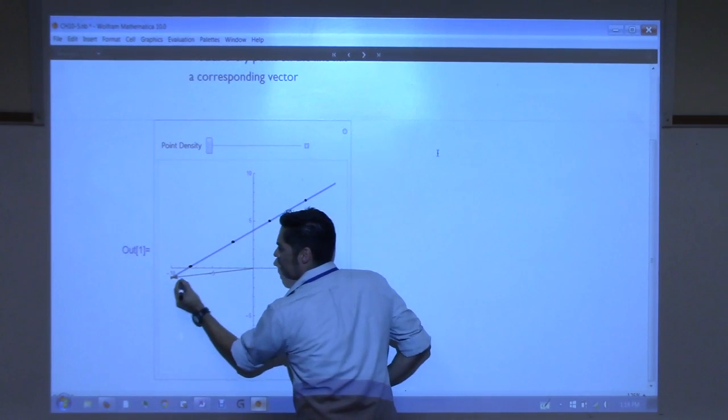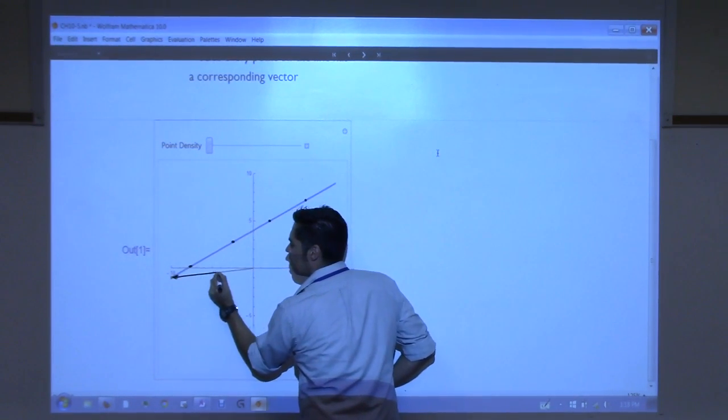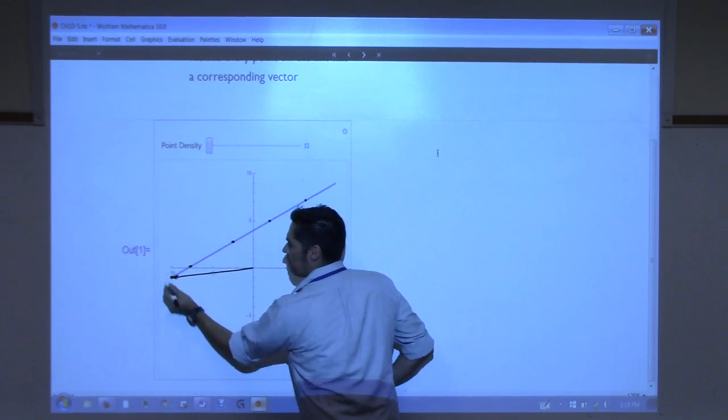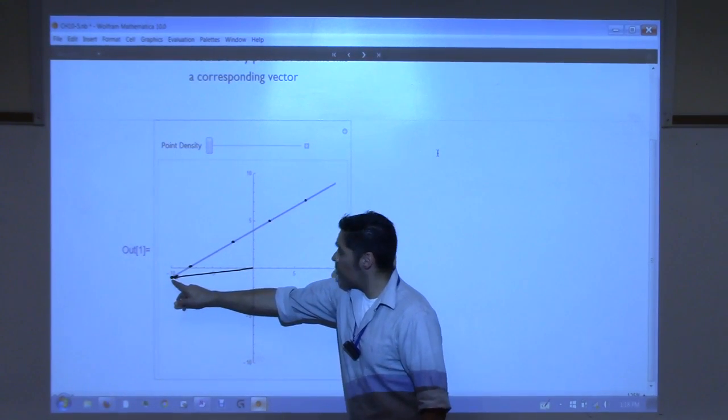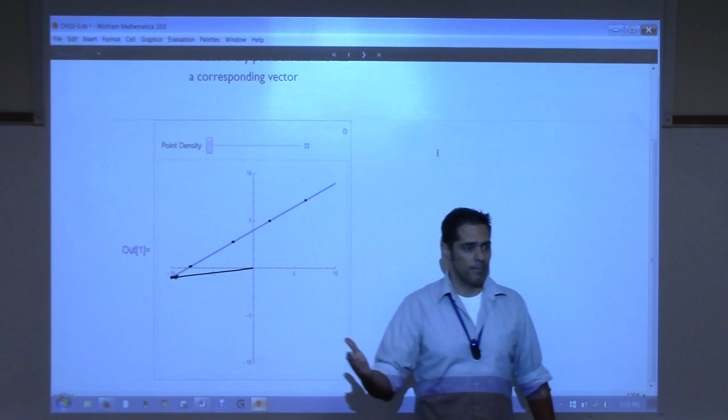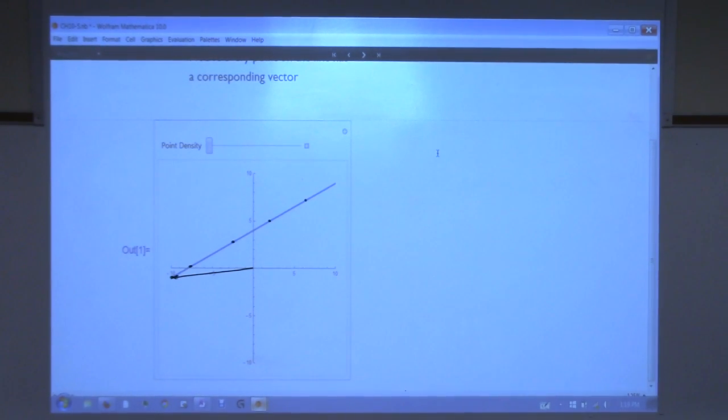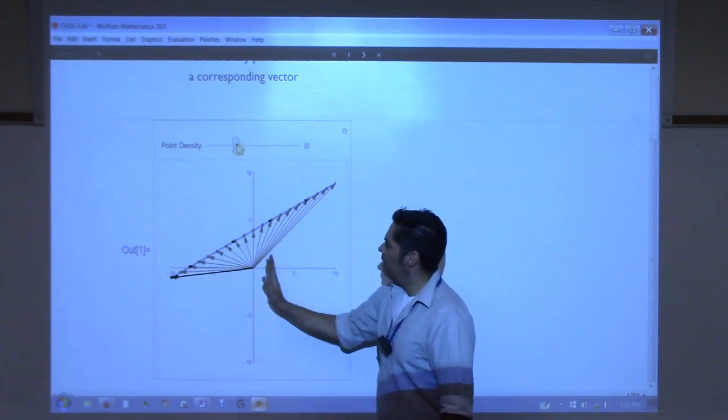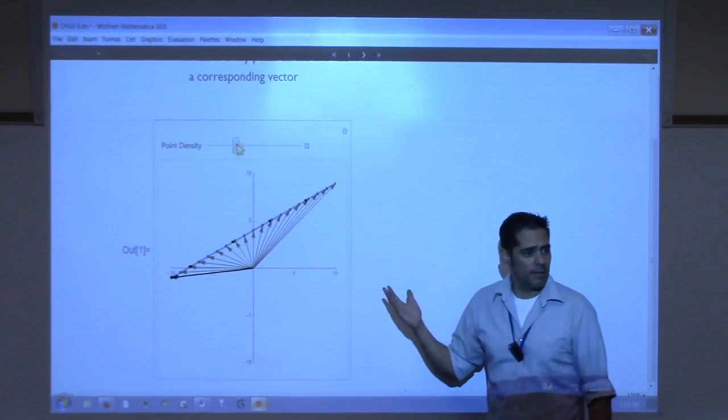This is one specific vector that goes from the origin to that point. So that point on this line corresponds to this vector, yes? Let me draw some more vectors. All of the points on this line have some vector that corresponds to it, yeah?